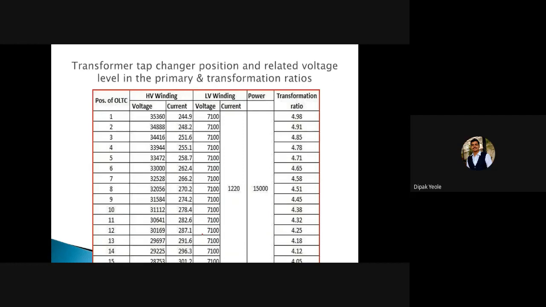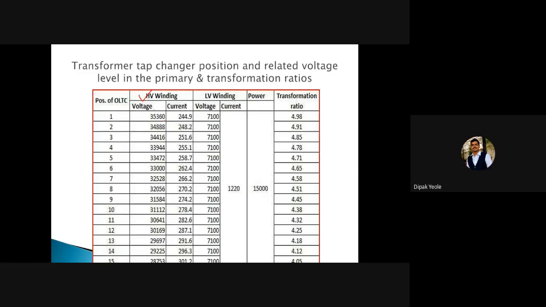We are interested in the different transformer tap changer positions and the related voltage levels in the primary and transformation ratios for the secondary. Here you can see positions are available for OLTC 1, 2, 3, 4, 5, 6 up to 15. For the high voltage winding, we are interested in voltage and current. Let's say the voltage available for the high voltage winding is 35,360.